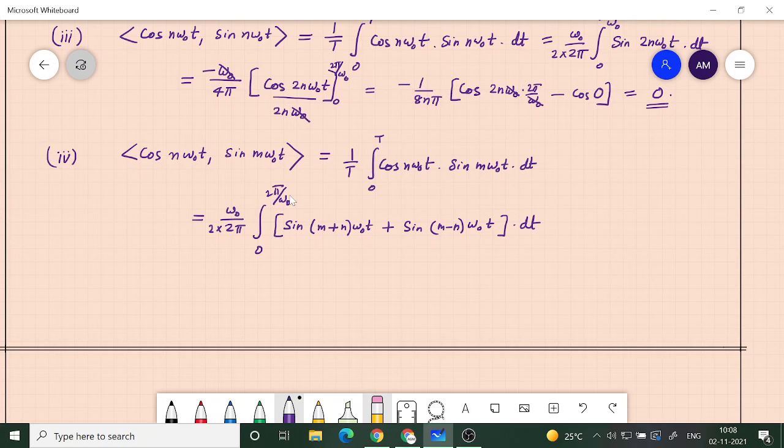Do you agree? Yes, sir. So if I do this sum, I will get 2 sin m omega 0 t and cos n omega 0 t. Okay. So that we can integrate now. That is omega 0 by 4 pi into, I will do it as 2 integrals.